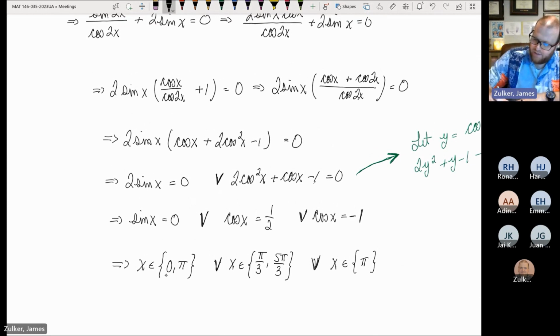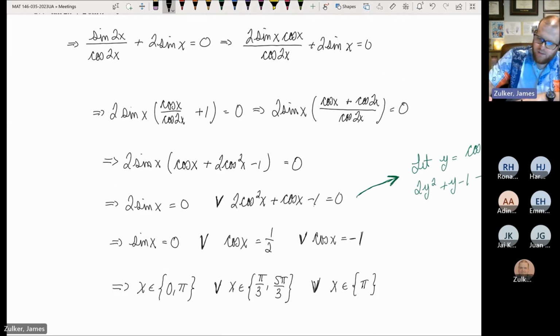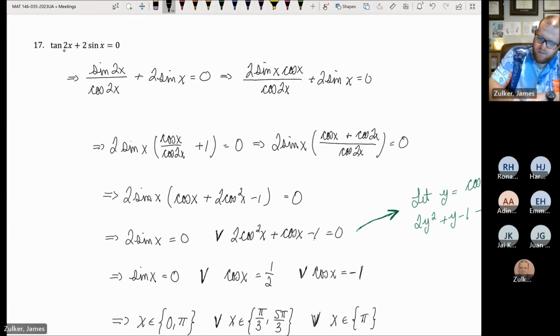None of these make tangent of 2x undefined, so they're all in the domain of tangent 2x, so they're all solutions.